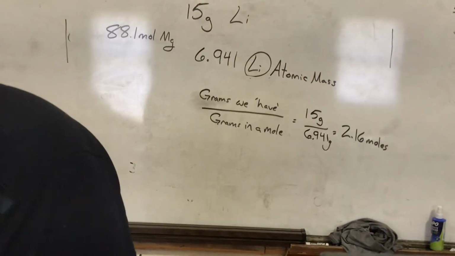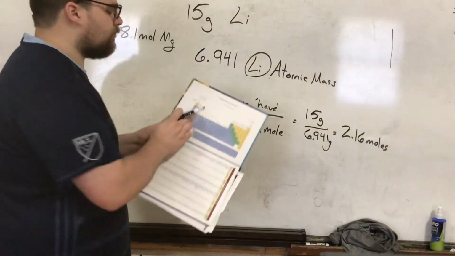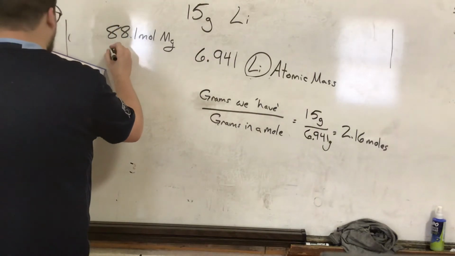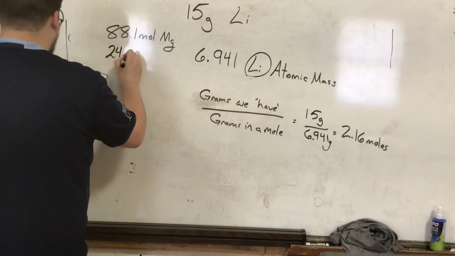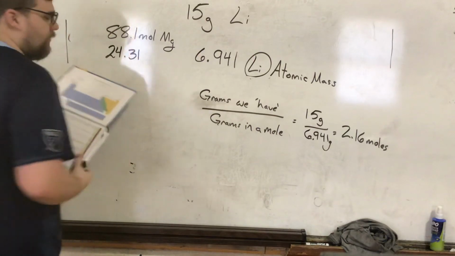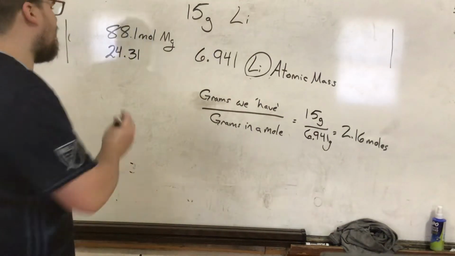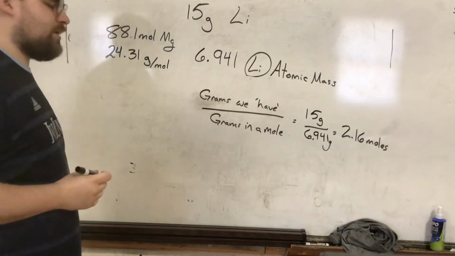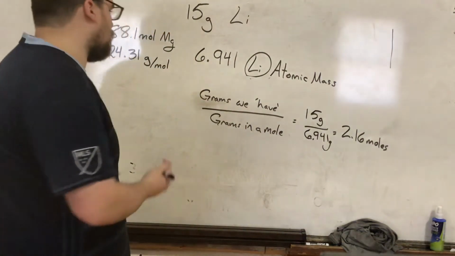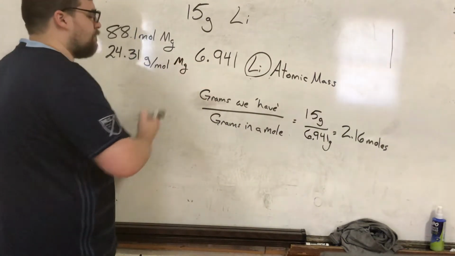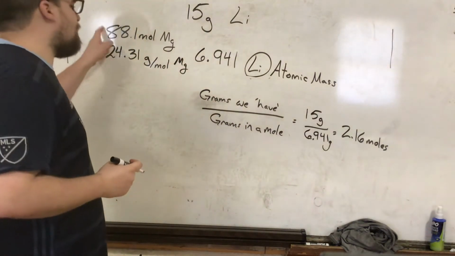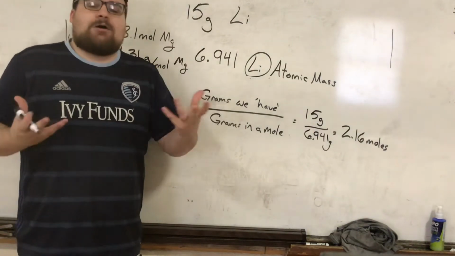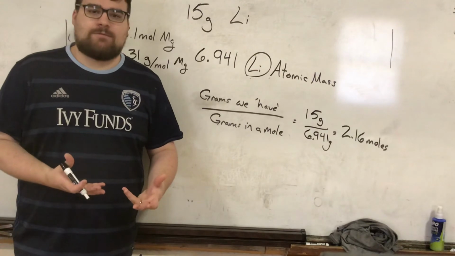So in magnesium, atomic number 12, found right here on the periodic table, its atomic mass is 24.31. That would be the number of grams per mole: 24.31 grams per mole in magnesium. So if we have 88.1 moles, how can we use this number to figure out how many grams of magnesium we have?